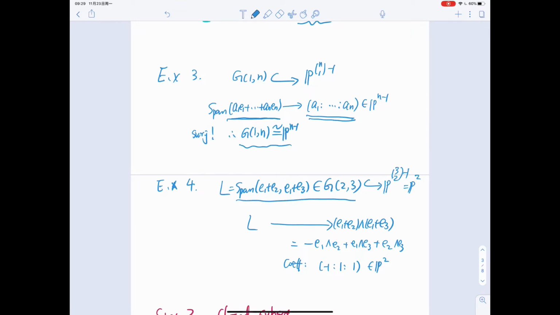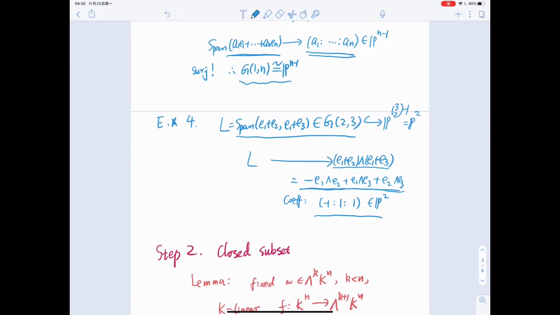L is spanned by two vectors e1 plus e2 and e1 plus e3, and the Plücker embedding sends L to the wedge product of these two vectors, and it can be written like this. The coefficients of F(L) are -1, 1, 1 in P^2. So -1, 1, 1 are the Plücker coordinates of F(L).